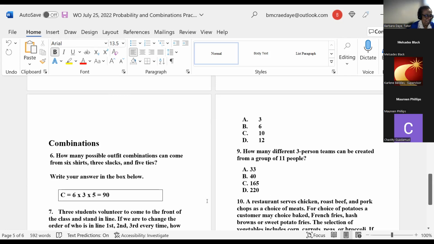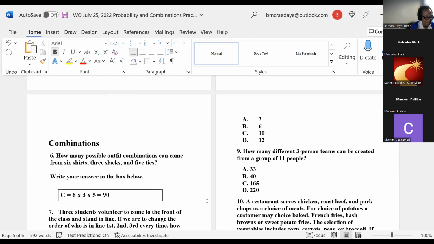So you have to have a shirt to match each of those 3 slacks, and then you have to get ties to match the shirts. So you're going to get 3 pairs. That's how I look at it. 30 will be 1 pair, another 30 another pair, and another 30 another pair. That's 90.